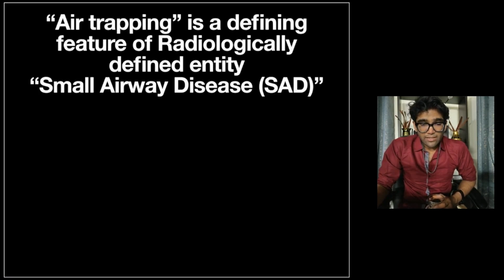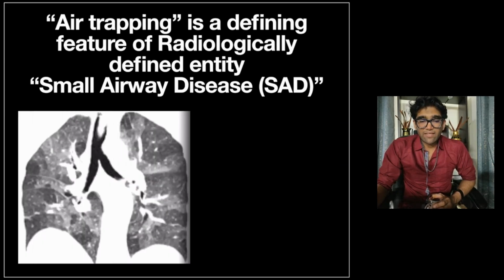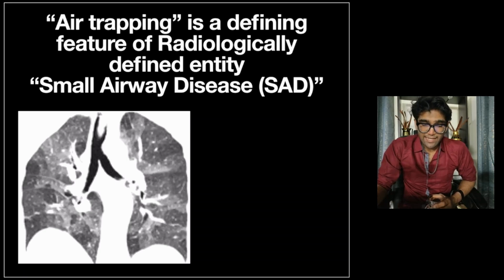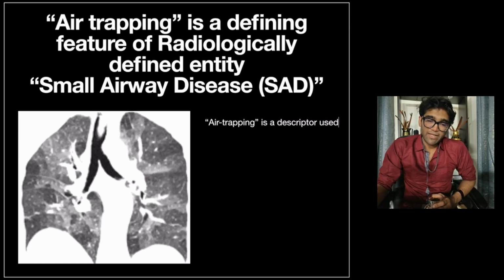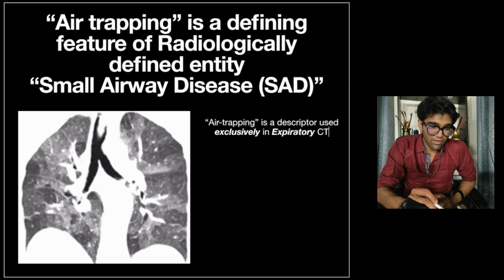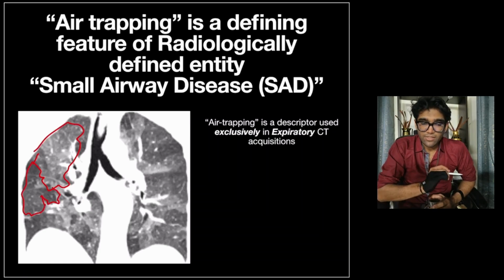Now, air trapping is a radiological entity which is one of the defining features of what we call small airway disease, or SAD. Here SAD is represented by air trapping, and you can see there are areas of increased parenchymal attenuation and juxtaposed areas of decreased parenchymal attenuation.